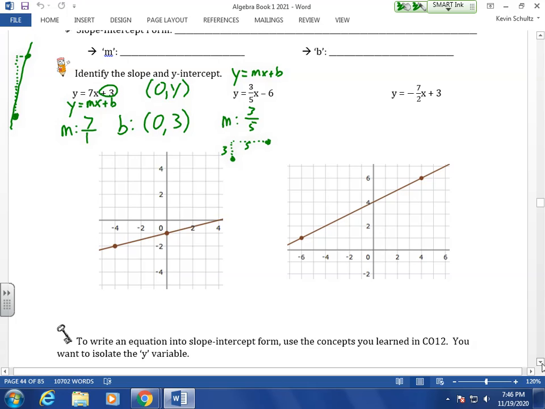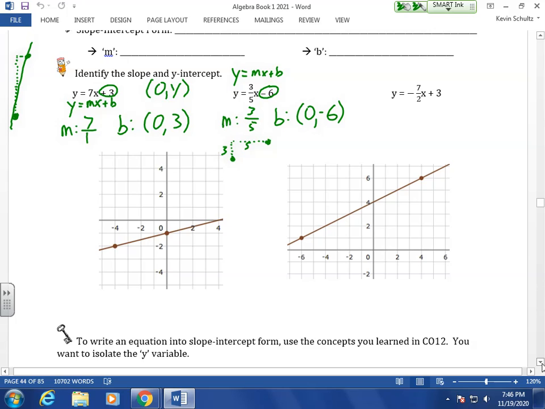It tells us some information about this. We can visualize what that's going to look like on the coordinate plane. And then the y-intercept, the b variable, yes, that sign's included, is -6, so it's going to cross the y-axis at (0, -6). Okay.